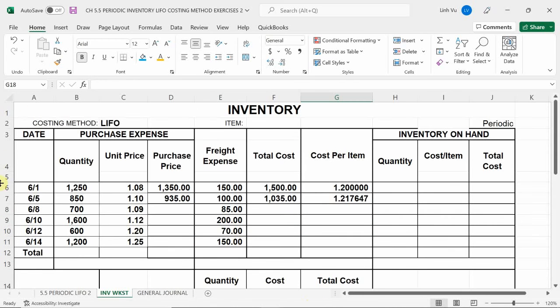Okay, so let's go ahead and continue on. Part 3 here. On June 8th, we have 700 units at $1.09.